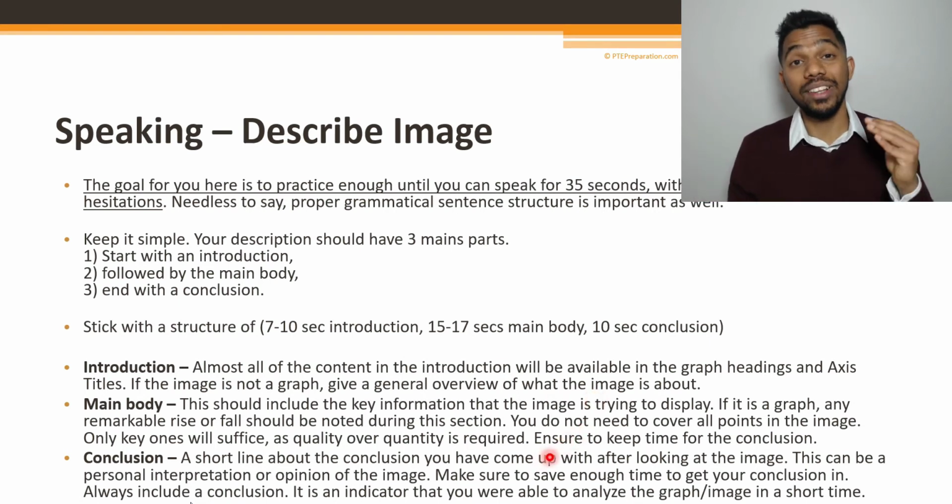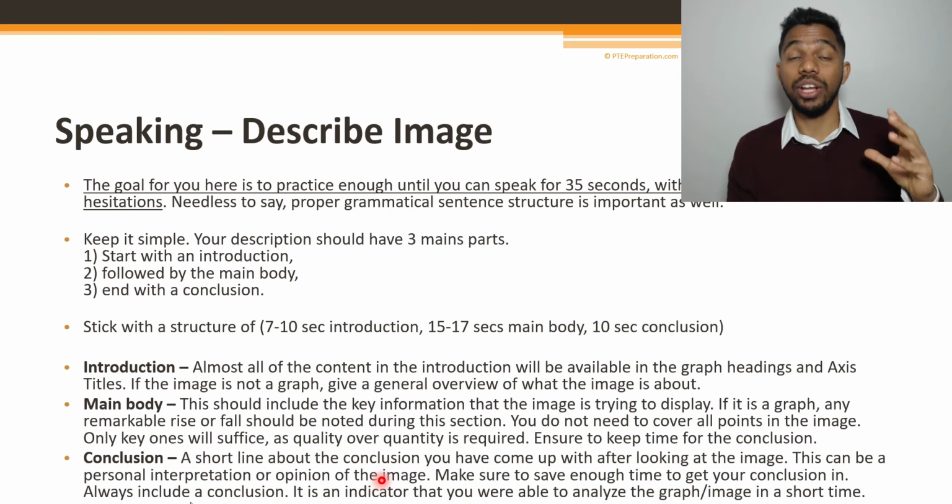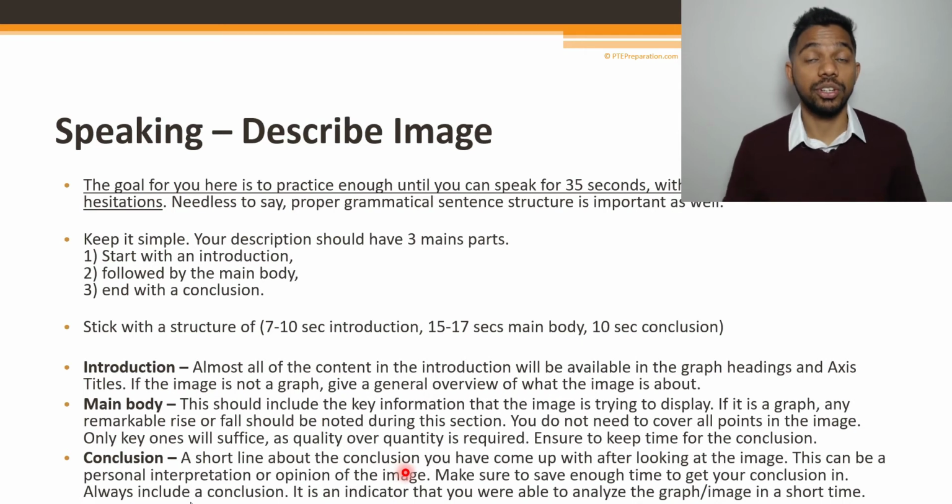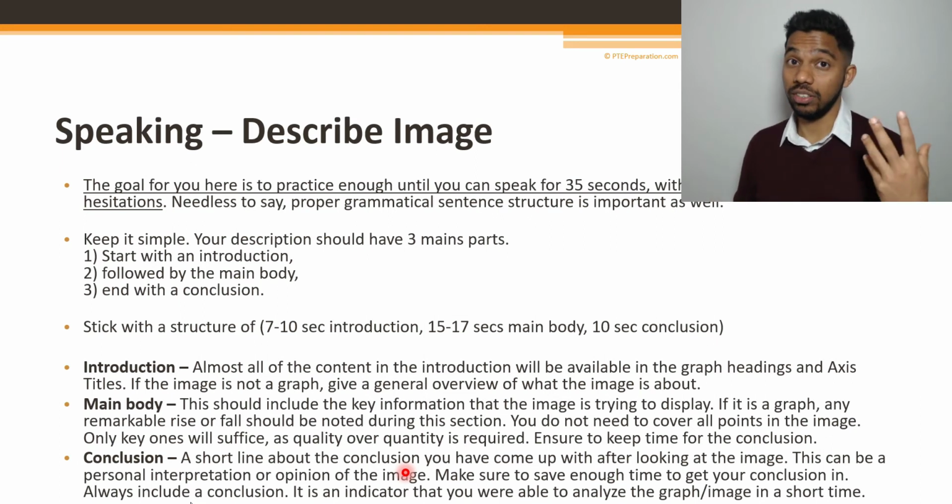But make sure you always keep time for your conclusion, as we discussed, and within the conclusion it can be a short line based on any sort of conclusion that you've come up with from studying the image. This can even be a personal interpretation or an opinion of the image. So for example, if it's a random image such as an image of a flower, you might think, okay, what can I conclude based on looking at a flower?